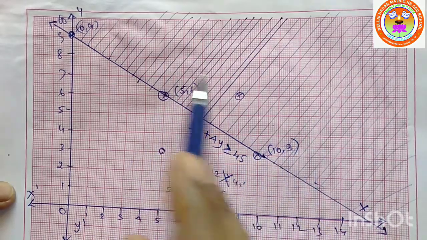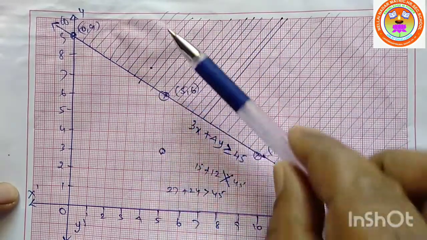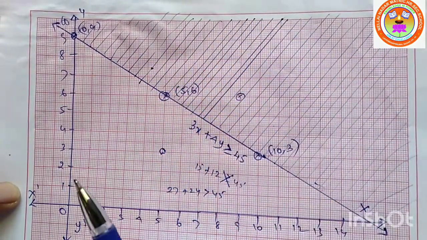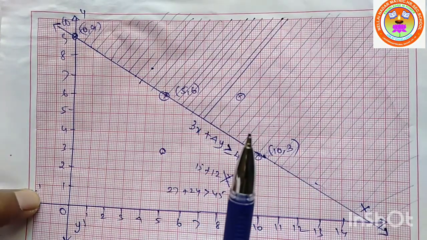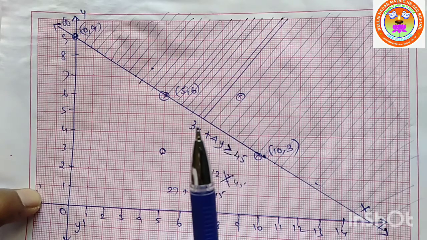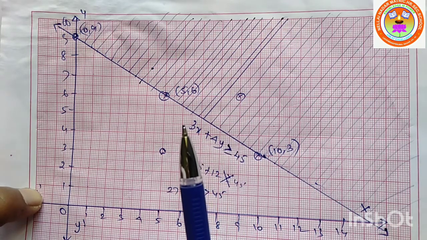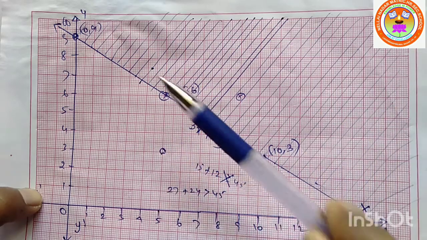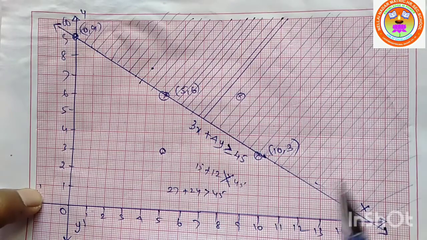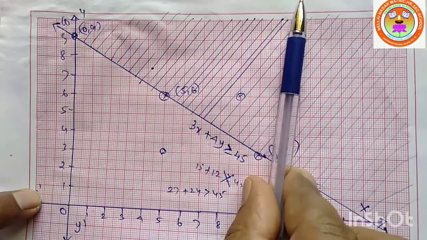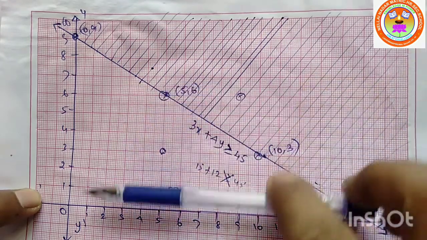So this shaded region, the right side or the upper part of the straight line, represents the region which is given in the question. That is 3x plus 4y is greater than or equal to 45 and x is greater than 0 and y is greater than or equal to 0. X is greater than 0 means the y axis, right? Y greater than or equal to 0 means this region.